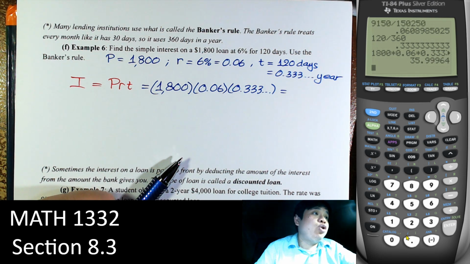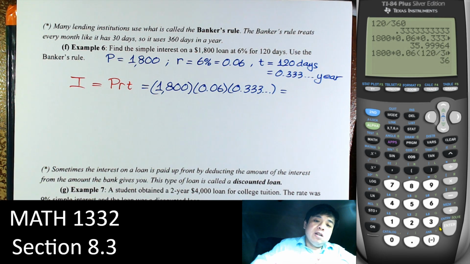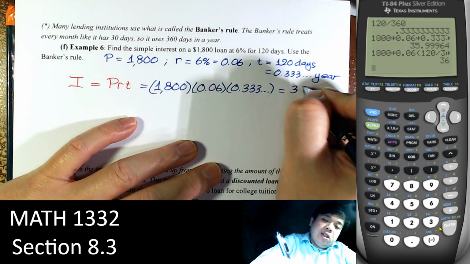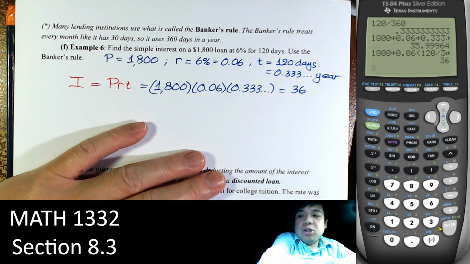Right. Actually, it is even better if we just say this times 0.06, and the time, like I said, we keep all the decimal places. So we just say 120 days divided by 360. So that gives us $36 interest. Right. So that's good.